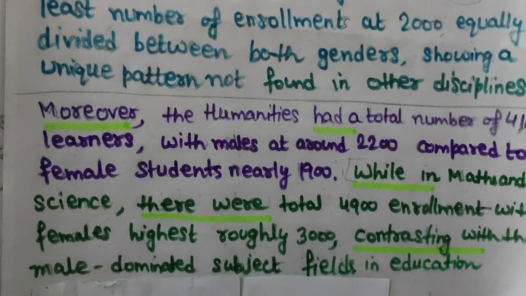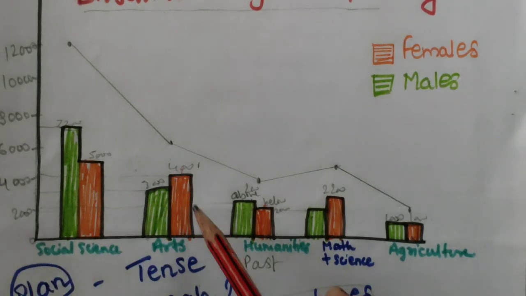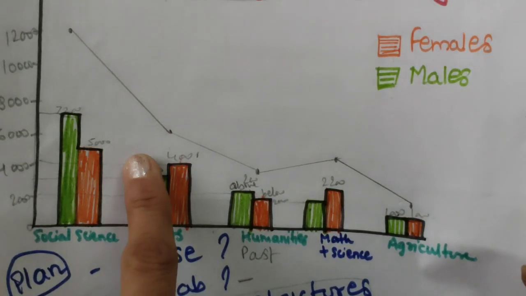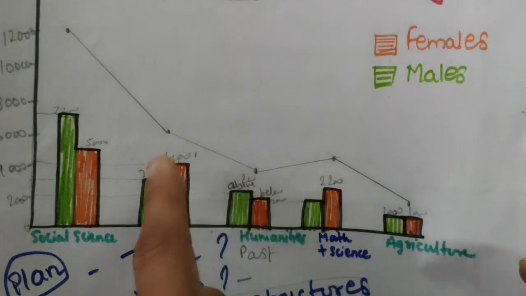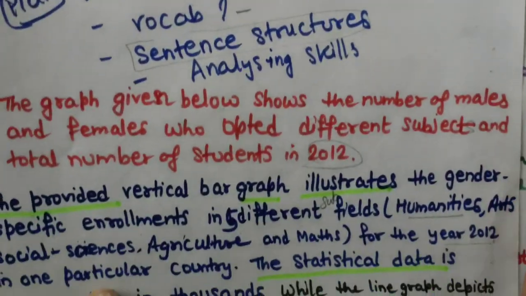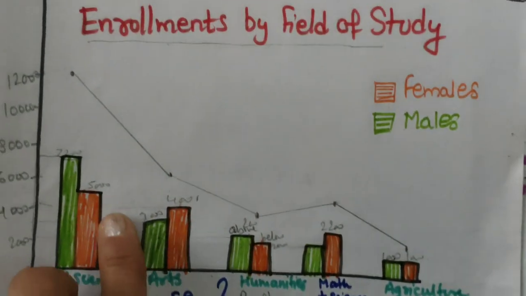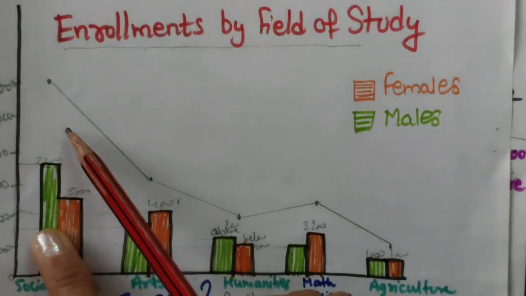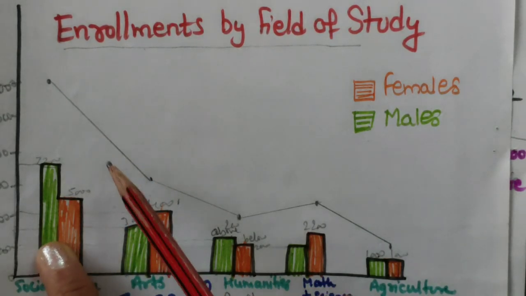But one thing is left, because here the line graph is also there. So I was not aware, like I couldn't find the proper question about this line graph. This I got it, but this line graph I couldn't get. That's why I have written this line at the end about the line graph, but in the description also you need to write a line graph line. So the line graph shows one line and depicts the growth of subjects.